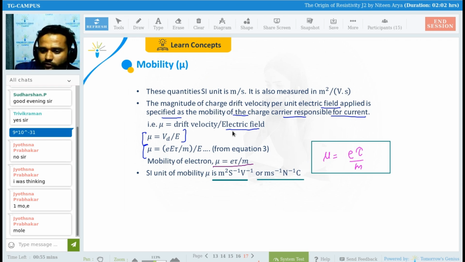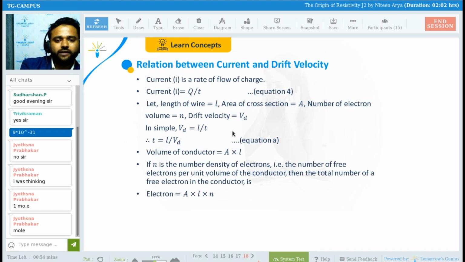Okay, let's give a break for 5 minutes, and then we're going to do the important relationship. Meanwhile you can read this relation between current and drift velocity. In the same way, we're going to find the important relationship between current and drift velocity. Sorry, this mobility. So just read.